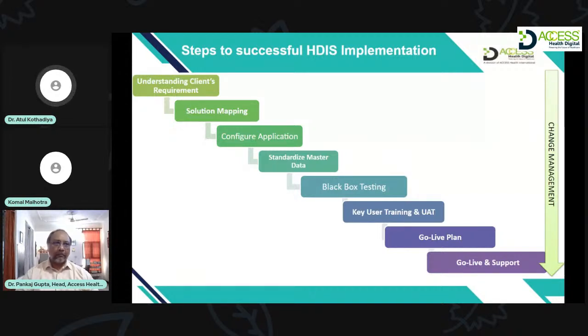Now, the point I'm trying to make in this case is that not only the functional requirements, not only the requirements given by the client are important, but studying the infrastructure is also a very big key step in any implementation.